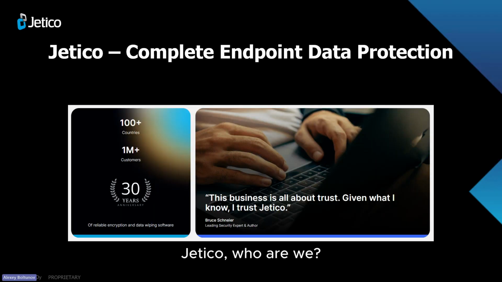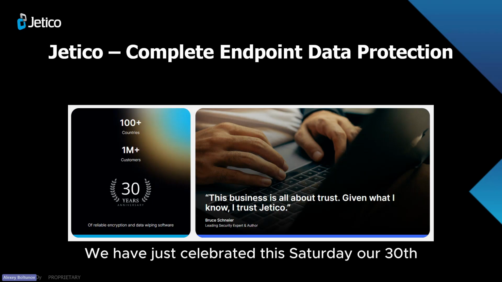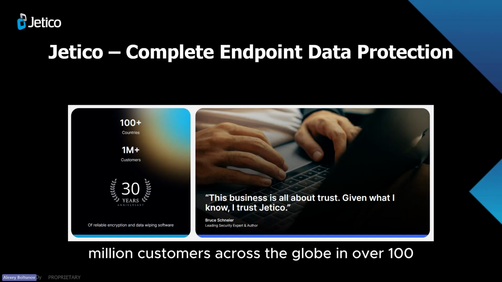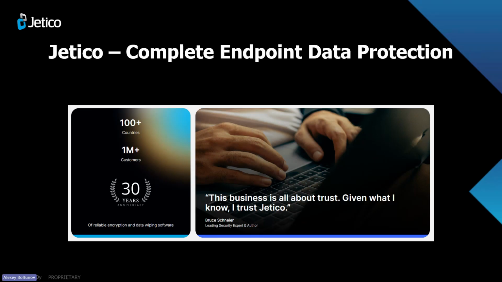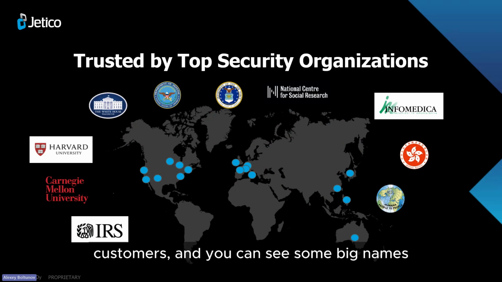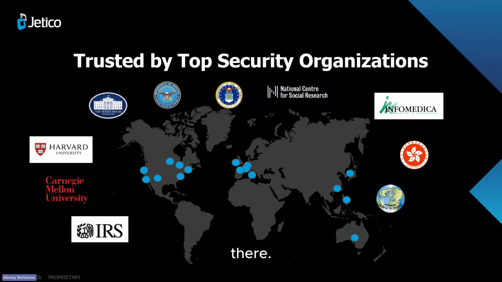Jetico, who are we? We have just celebrated this Saturday our 30th anniversary. It's a very proud milestone for us. Over these 30 years, we've served over 1 million customers across the globe in over 100 countries. You will see the map of our key customers, and you can see some big names there.